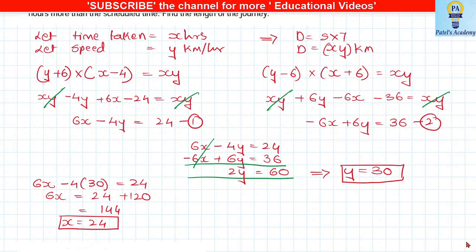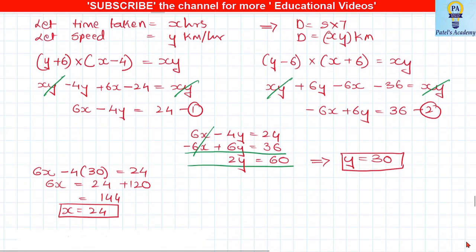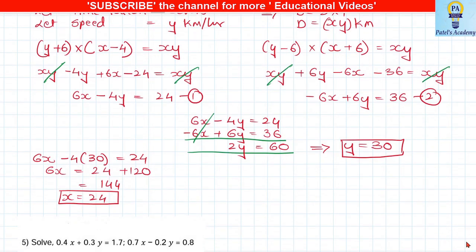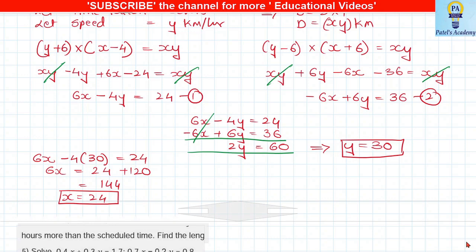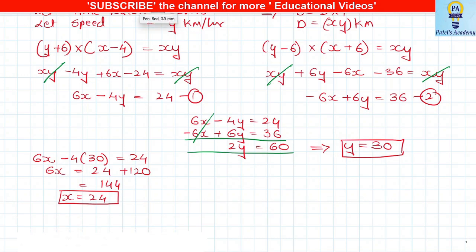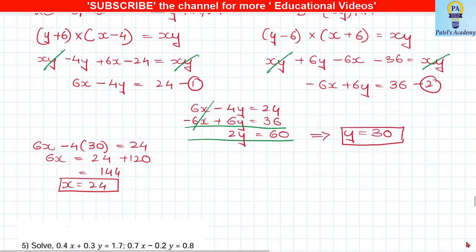Now students, we got the value of x and y, but if you see the question, they have asked the length of the journey. Okay, now the length of the journey means what? The total distance. Okay, so how do we get the total distance? Let's see. The final answer, total distance. So what is the formula for total distance?